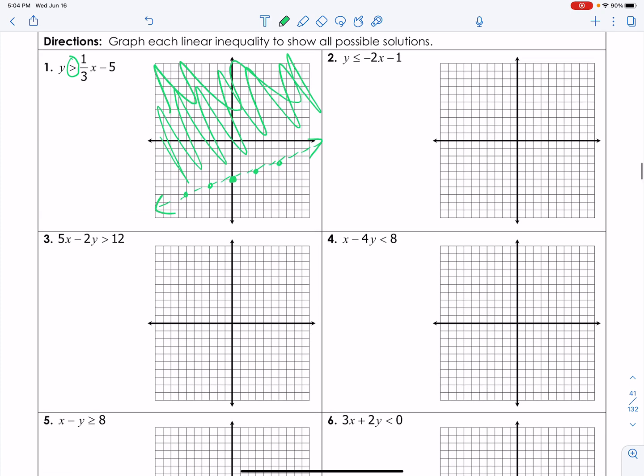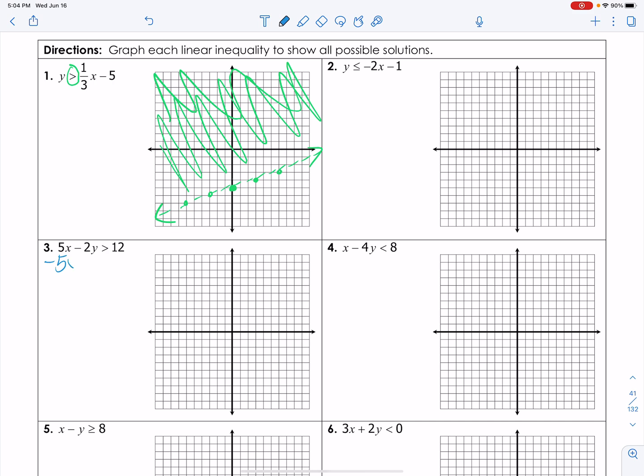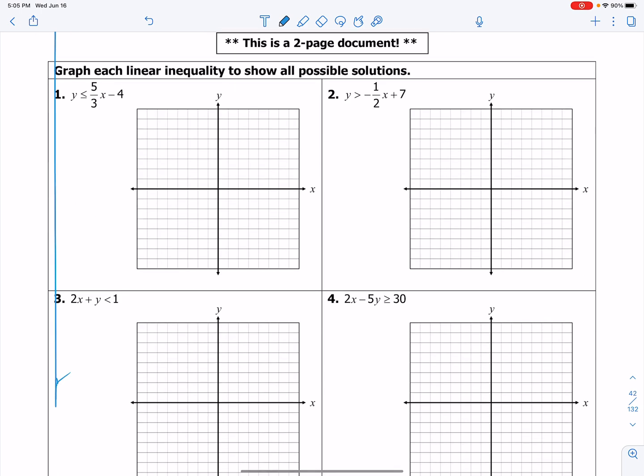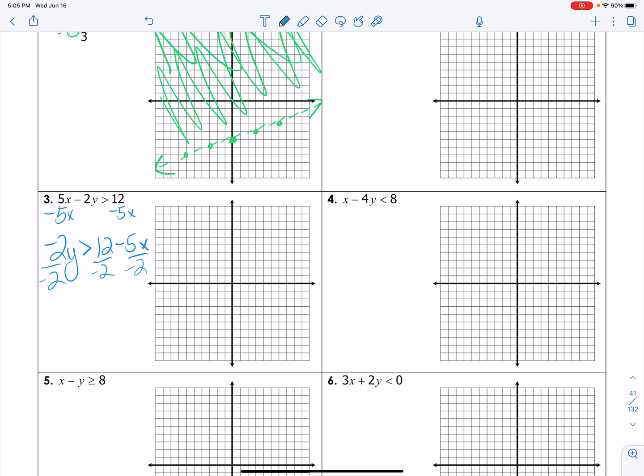Okay, let's take a look at number 3 because that's different. It's not solved for y. So I'm going to minus 5x and minus 5x. And I get a negative 2y is greater than 12 minus 5x. Then I divide everything by a negative 2, but when you divide, don't start doing this again, you have to flip the sign. So this becomes a negative 6 plus 5 halves x.